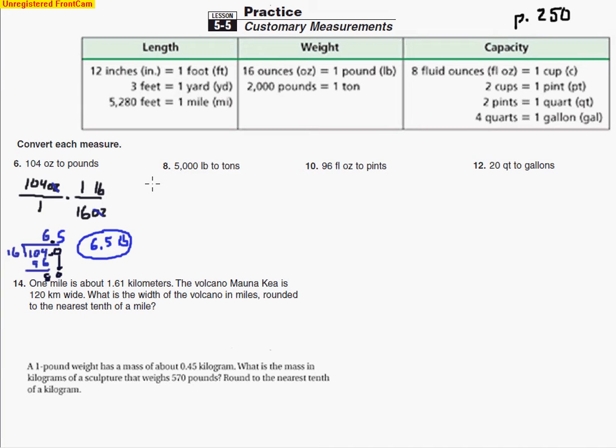Same sort of thing. You start with the 5,000 pounds, because that's what we're trying to change, and we're trying to change it to tons. That tells you right away that you have tons on top and pounds on the bottom. Let's see how many pounds there are in 1 ton. Right here, 2,000 pounds equals 1 ton, so we can write that down below.